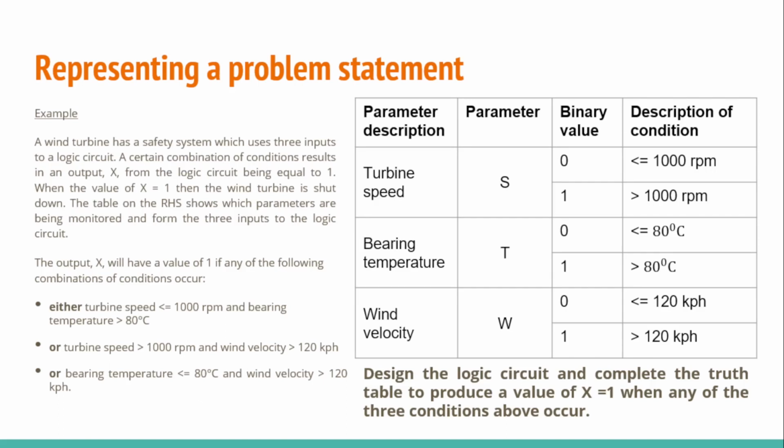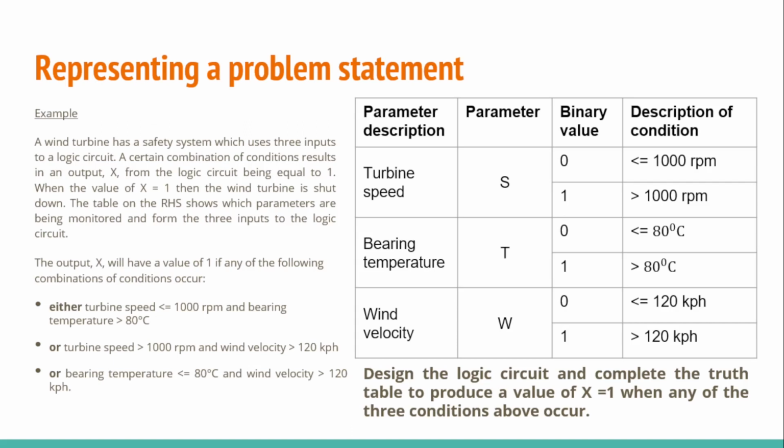Either turbine speed is less than or equal to 1000 rpm and bearing temperature greater than 80 degrees Celsius, or turbine speed is greater than 1000 rpm and wind velocity is greater than 120 kph, or bearing temperature is less than or equal to 80 degrees Celsius and wind velocity is greater than 120 kph.